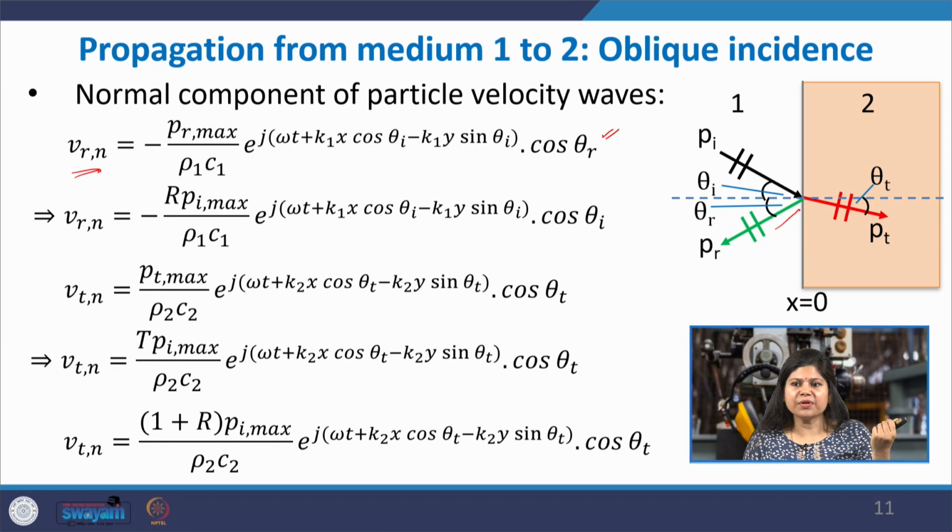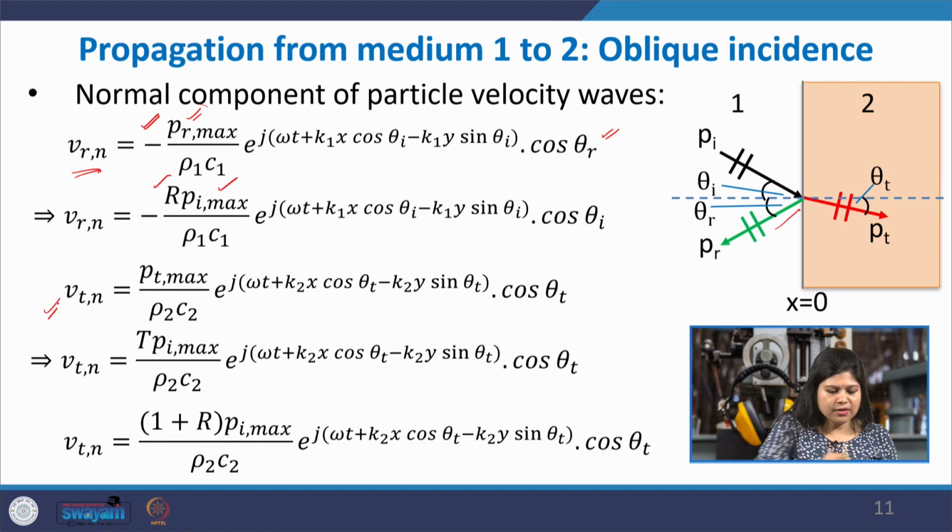So, the normal component is opposite in direction, so we put a minus sign here. And how can we write this? Just like how we did the derivation for normal incidence, we will do it the same way. So this can be written as r times Pi max.